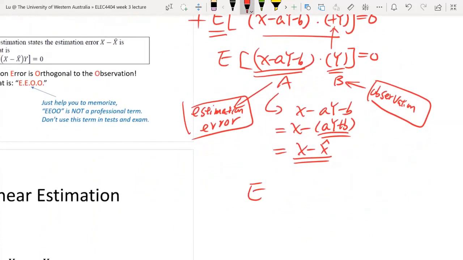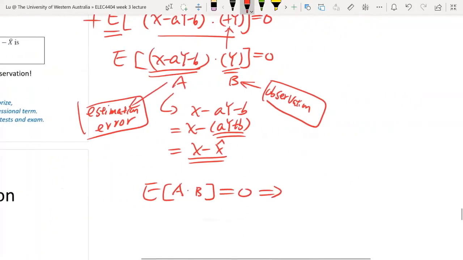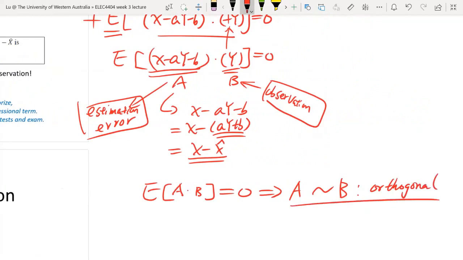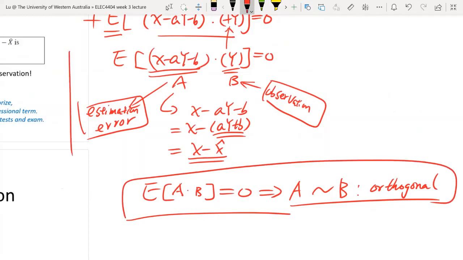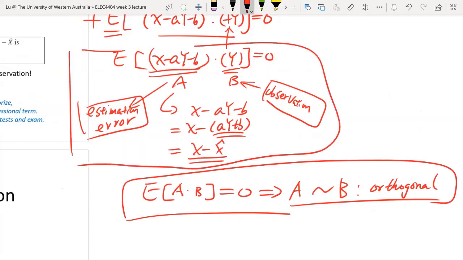The equation of A times B equal to 0 is indicating that the relationship between A and B is orthogonal. Actually, what we have known from this calculation is that the estimation error and the observation are orthogonal to each other.